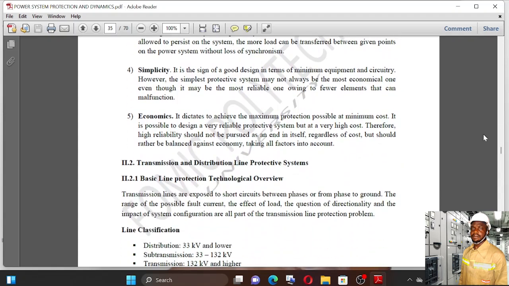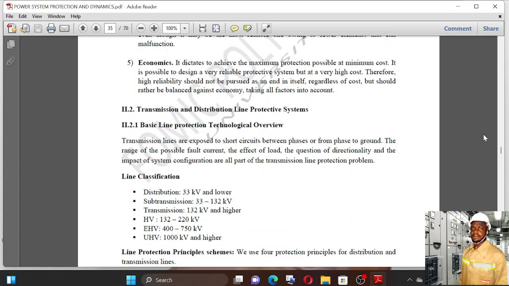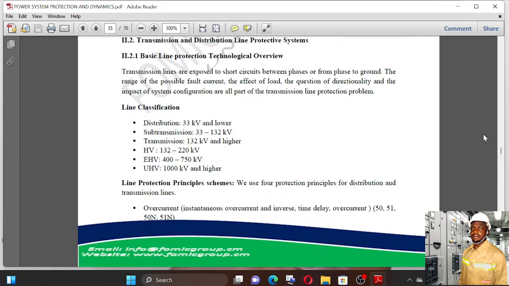Then simplicity has to do with using a minimum number of equipment to provide very simple circuitry in order to protect the system, and being economical means lesser cost in designing or operating the protection scheme. So these are the various protection design criteria which a protection scheme should have.